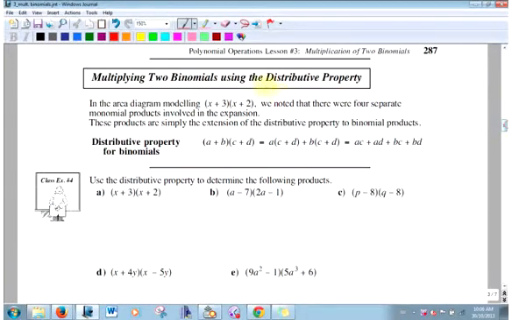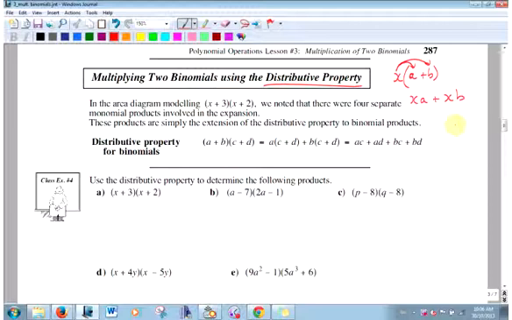We've looked at algebra tiles, we looked at the area diagram. This is another way to do it. Remember the distributive property from yesterday? If I'm multiplying that by A and B, everything outside the brackets is multiplied by everything in the brackets.